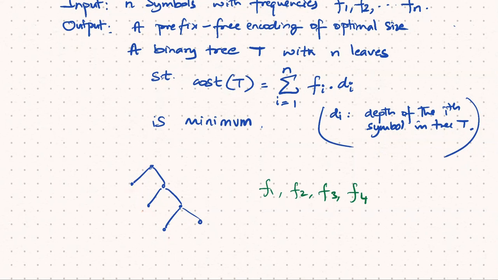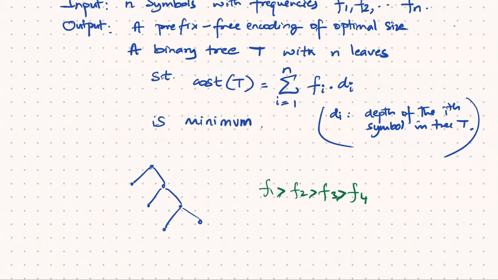How can we place these symbols in these positions to get the least cost? Let's say F1 is greater than F2 greater than F3 greater than F4. So supposing this is the case, what would you do? Where would you place the symbols?